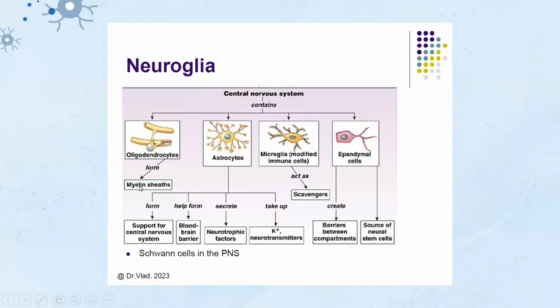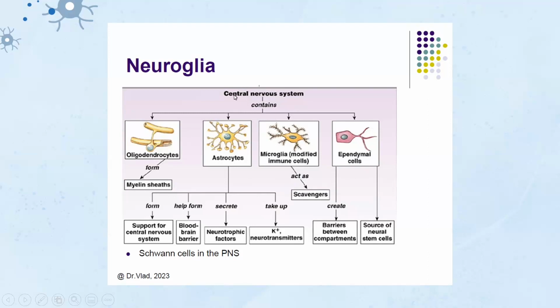Oligodendrocytes form the myelin sheaths. Astrocytes form the blood-brain barrier. Microglia are the macrophages, so they're responsible for immunological reactions in the brain. They engulf bacteria or whatever is in the brain or in the nervous system.